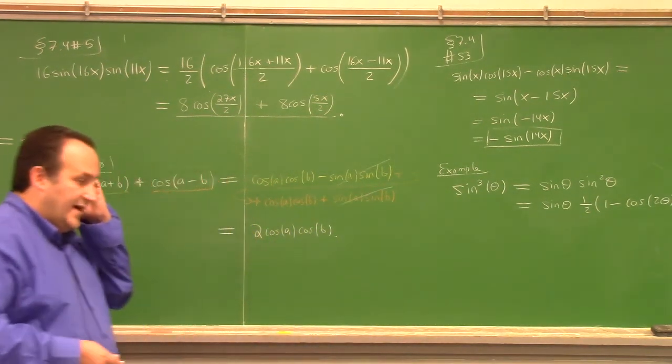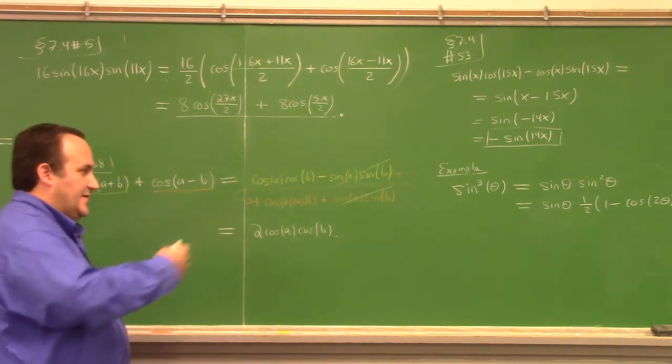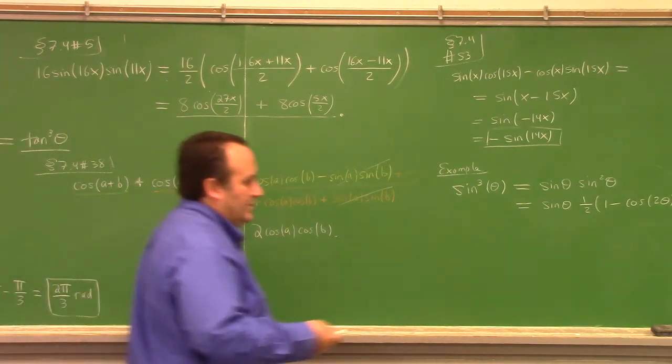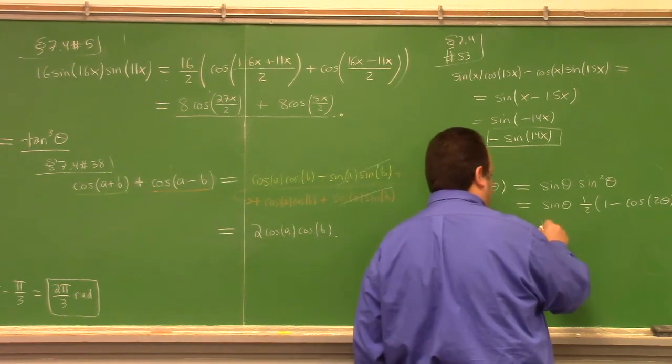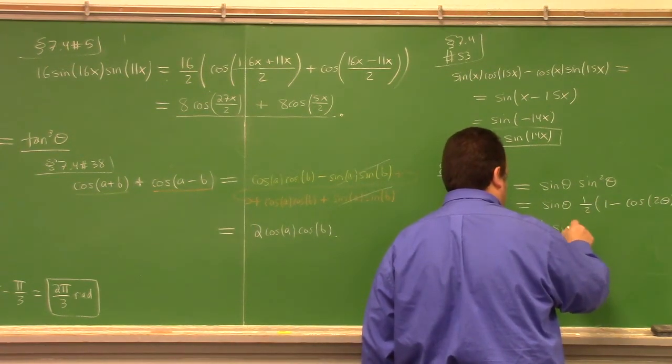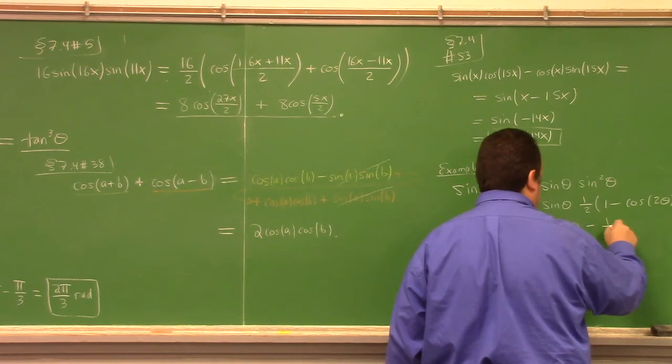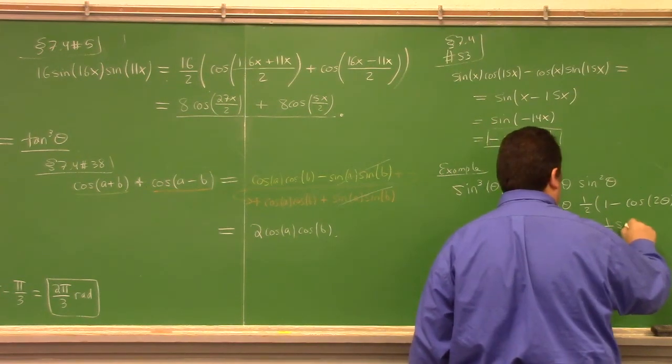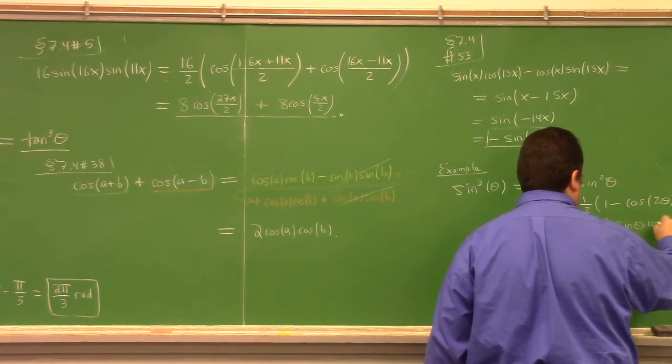It's one of the half angle formulas. This one, again, I mentioned was very important for calculus too. So what do we got? We got 1/2 sine theta minus 1/2 sine theta times the cosine of 2 theta.